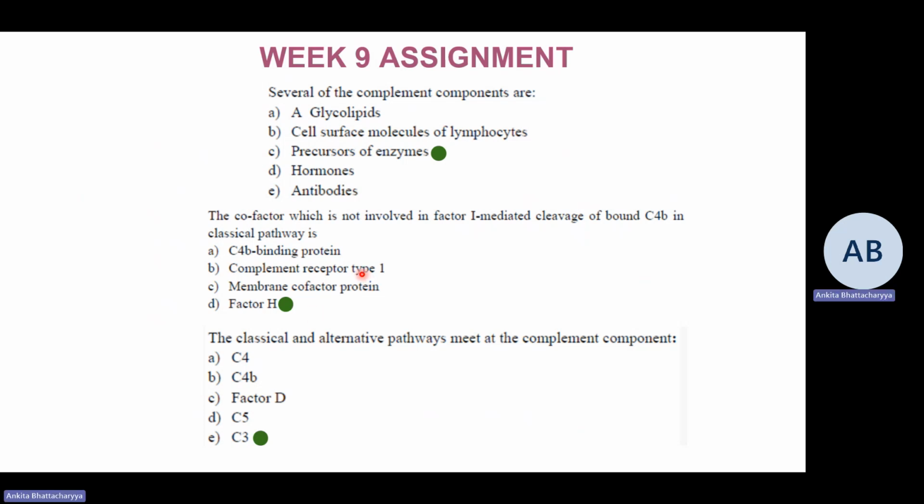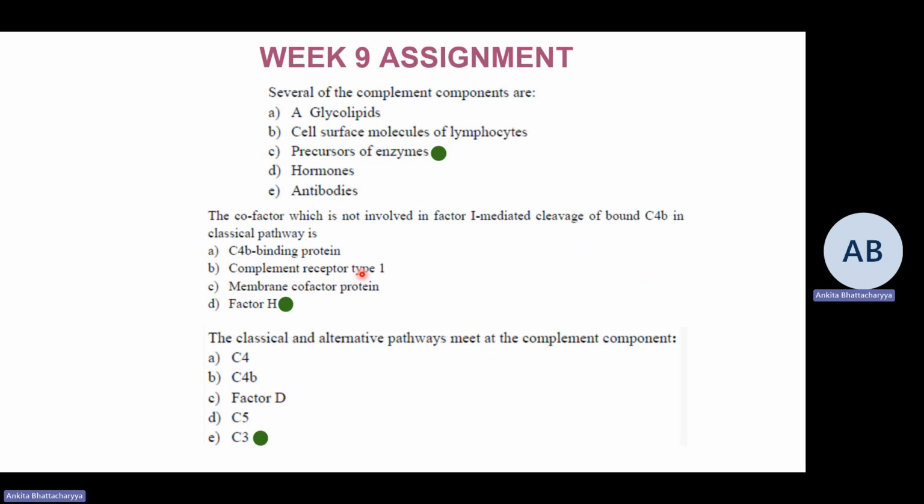Now, the next question was: several of the complement components are A, glycolipids, B, cell surface molecules of lymphocytes, C, enzyme precursors, D, hormones, or E, antibodies. So, like we just talked about, the key factors that operate within the complement cascade are all of these proteases or enzymes or complement enzymes that subsequently work in each step.